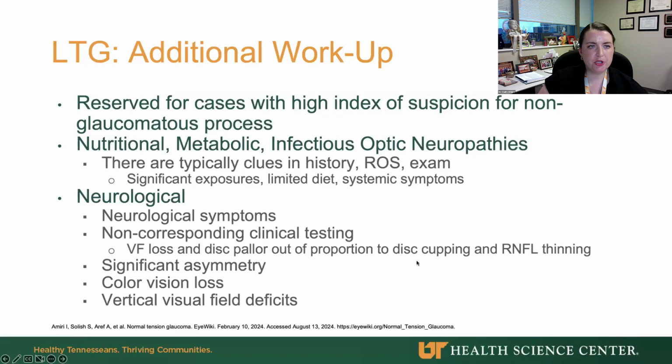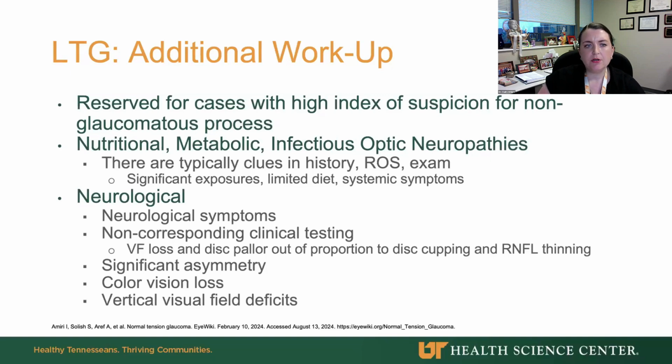So what are some additional workups that you may want to consider in low tension glaucoma patients? Well, this workup ought to be reserved for cases with a high index of suspicion for a non-glaucomatous process. So you can then think about nutritional, metabolic, infectious optic neuropathies. But many times you have clues for these in the history, review of systems, or exam.